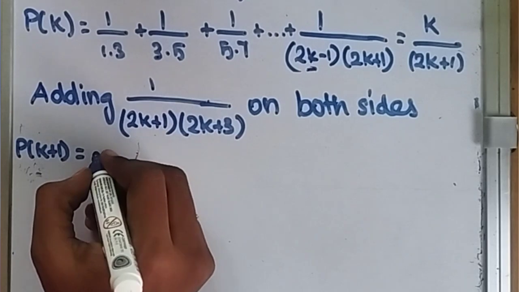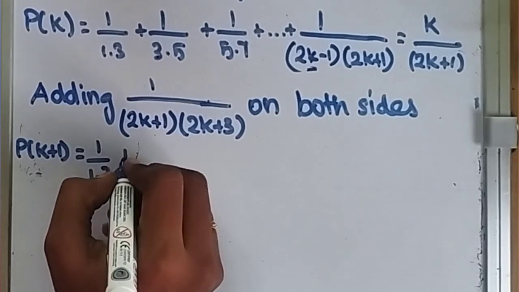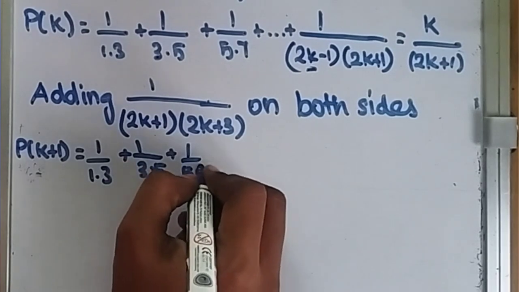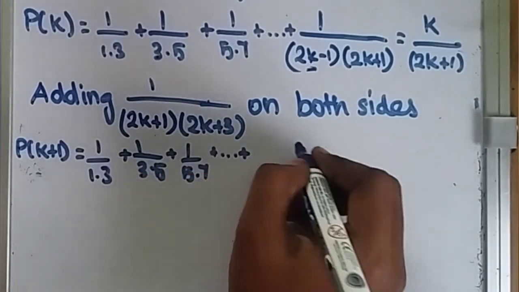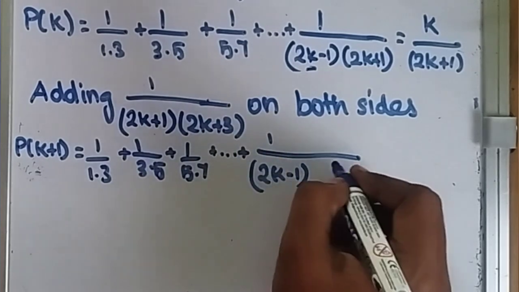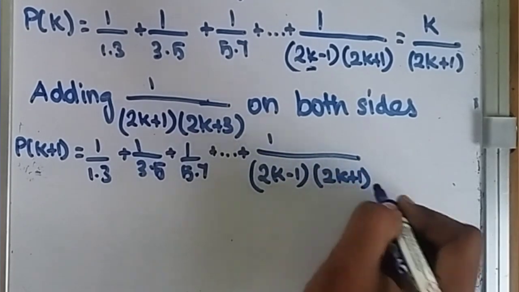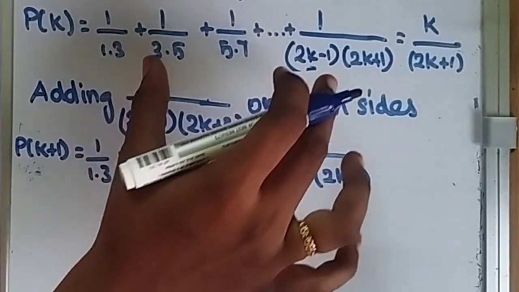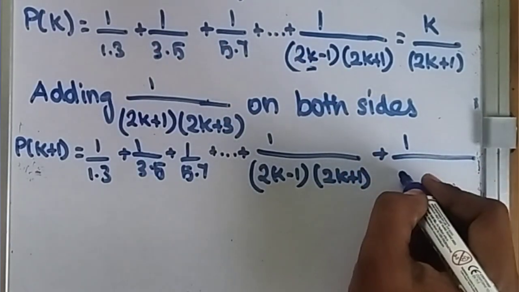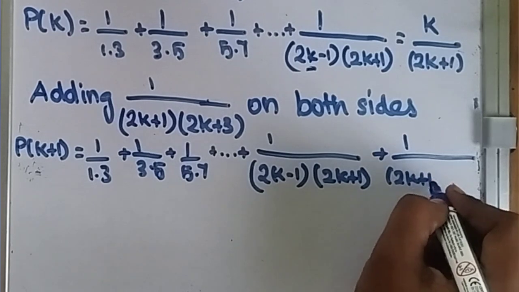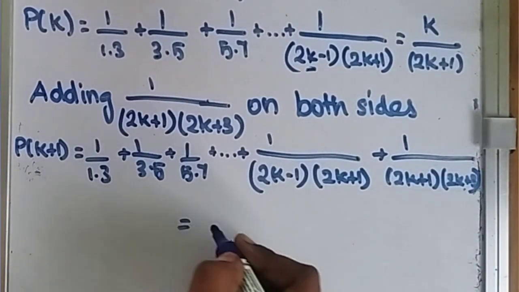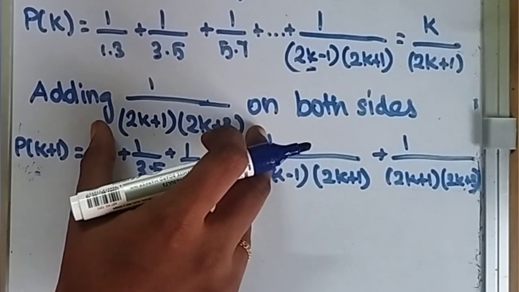So I am writing this: 1 by 1 times 3 plus 1 by 3 times 5 plus 1 by 5 times 7, and it goes on up to 1 divided by 2k minus 1 times 2k plus 1. Right? Now we are going to add this term to the left hand side first, so it becomes plus 1 divided by 2k plus 1 times 2k plus 3. Right?